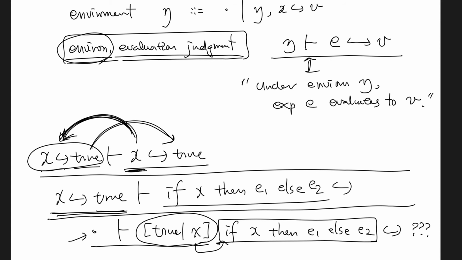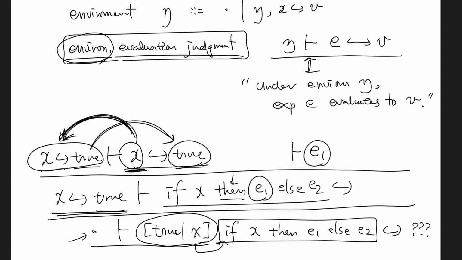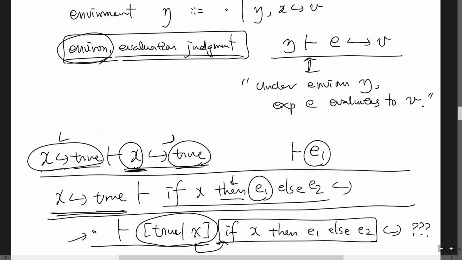So now we have decided the value for this variable x, so it's true, and we want to evaluate the expression E1 by taking this then branch. In general, this expression E1 might also contain this variable x, so we have to copy this environment, not just here, but here as well.